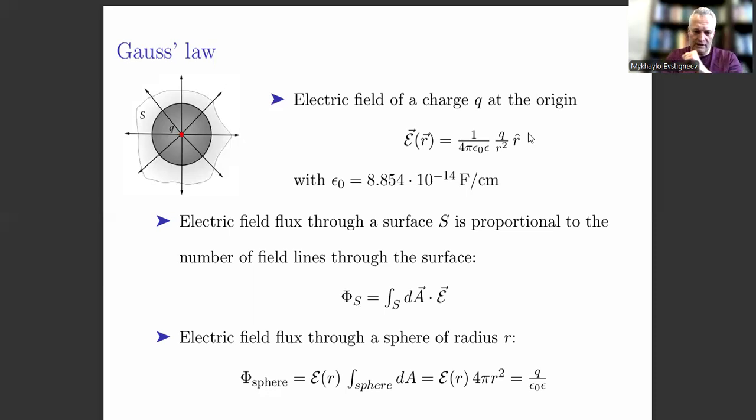Coulomb's constant is written as 1 over 4 pi epsilon naught, where epsilon naught has the value of 8.85 times 10 to the negative 14th farads per centimeter, or 8.85 times 10 to the negative 12th farads per meter.